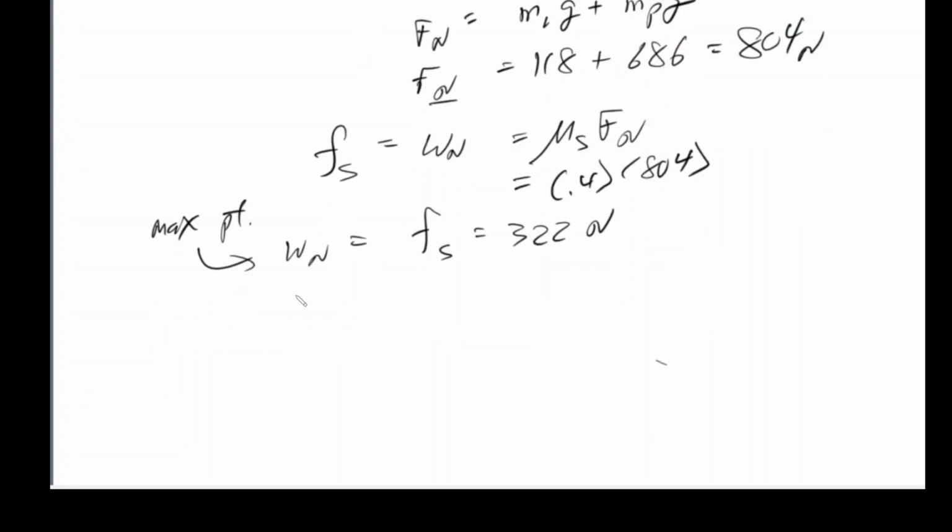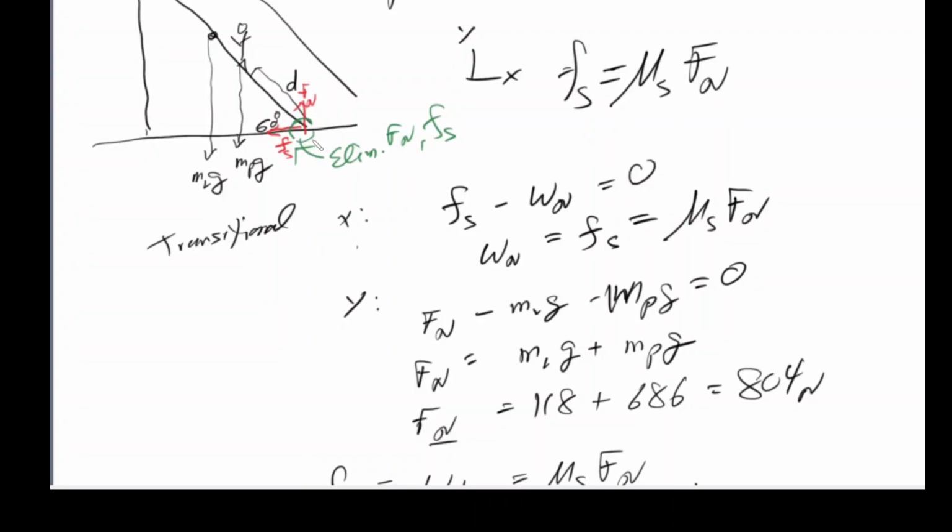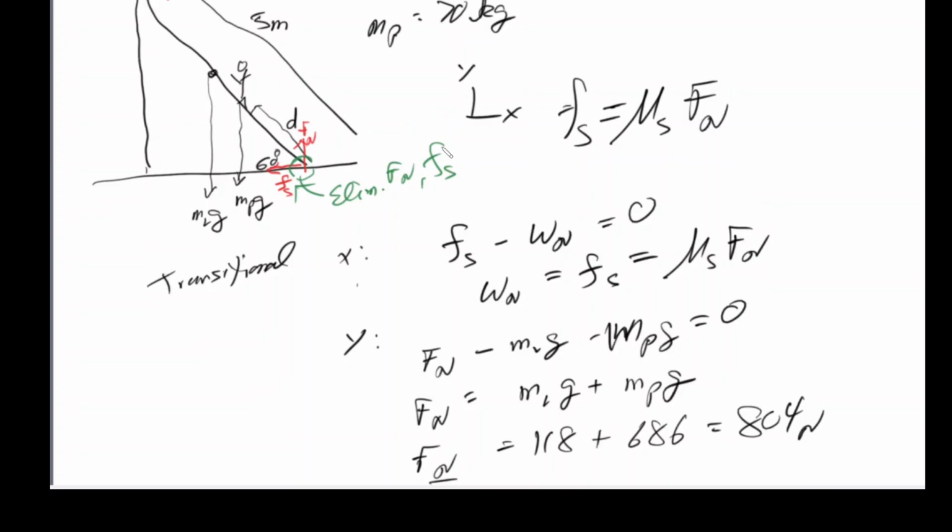Now let's look at our torque. And we know the sum of torque has to equal 0. And we placed our axis at the base of the ladder, so we don't have to include the normal force of the floor or the force of friction in the equation. So what do we have?